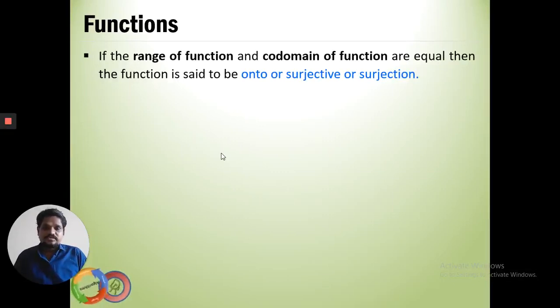Now if the range of the function and the codomain of the function are equal, then the function is said to be onto, or surjective, or a surjection. In many cases we have noted the range is a subset. If the range occupies all the elements of the codomain, that means the function is mapping to the entire target set, the codomain, then we call it an onto function.